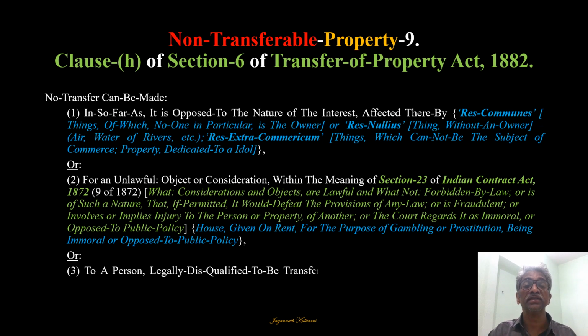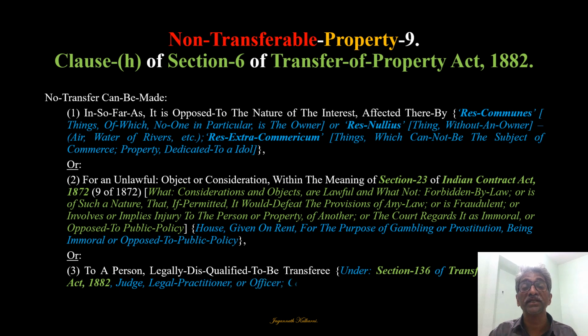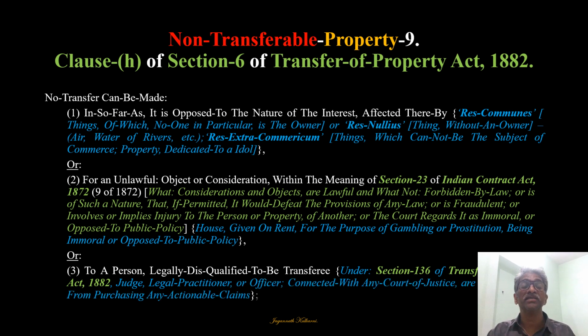Or to a person who is legally disqualified to be a transferee, refer to section 136 of the same act, Transfer of Property Act, which says judge, legal practitioner, officer connected with any court of justice are debarred from purchasing any actionable claims.